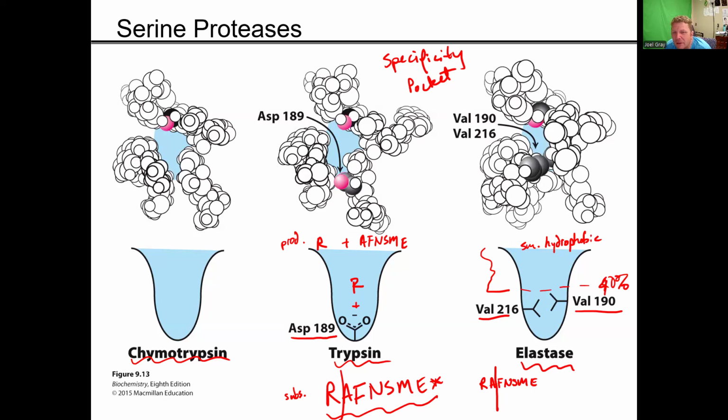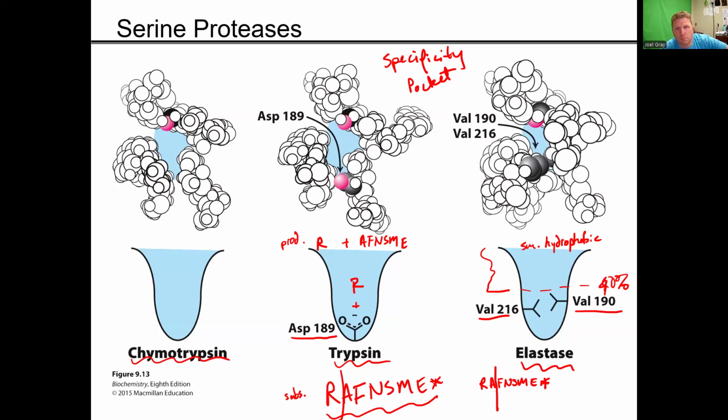And then E, glutamic acid. Oh, but wait. Is there a peptide bond here? No, there is not. There's no peptide bond there. So even if glutamic acid did fit here, which is glutamic acid going to fit, or is it going to be a small hydrophobic residue?